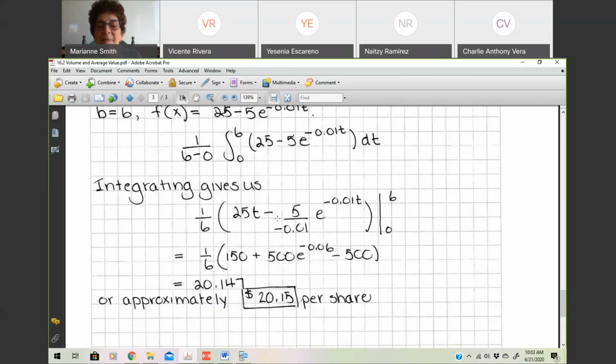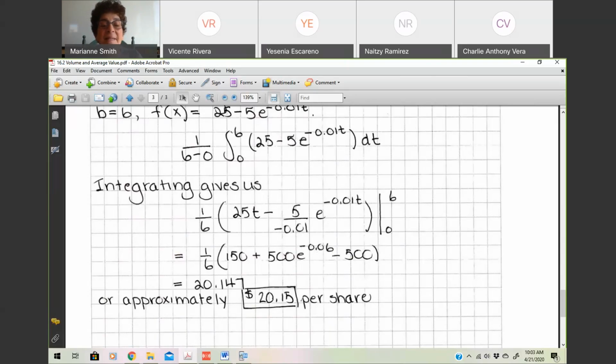This whole thing becomes negative 500, but it's a minus sign out front. So I have plus 500e to the 0.06, because this becomes a 6. Everybody good with that part? Here's the upper bound. The lower bound says, subtract what this is evaluated at 0.